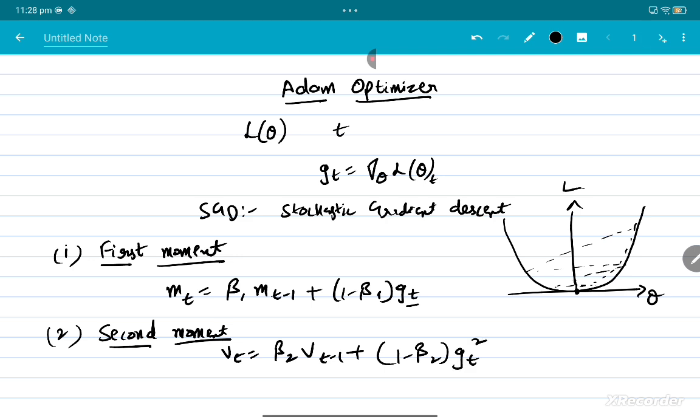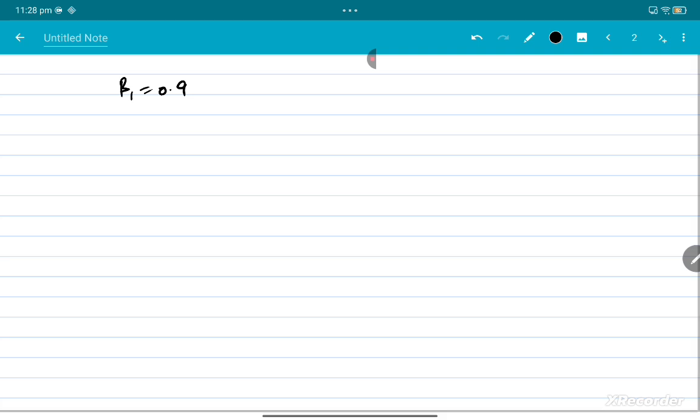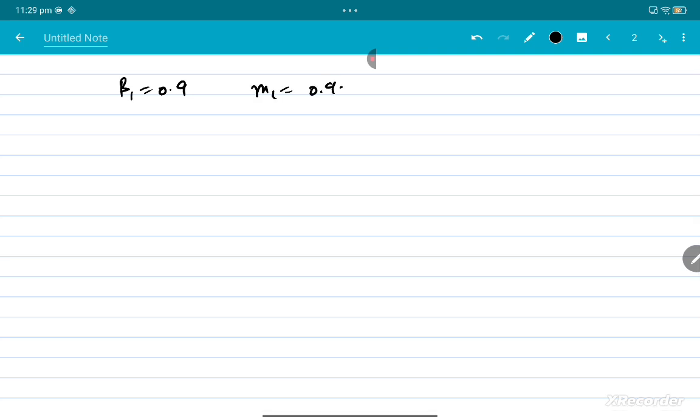So if, let's say, we have beta 1 equal to 0.9, which is a hyperparameter, it means that m_t would be 0.9 times m_(t-1) plus (1 minus 0.9) times g_t. So m_t is 90% dependent on the previous value and only 10%, that is 0.1, depends on the gradient.